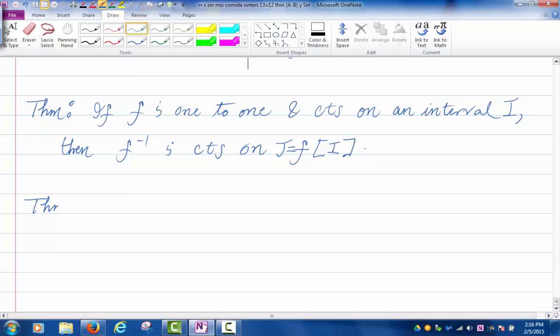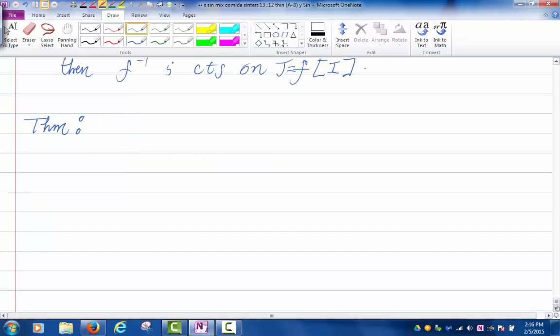Here's my theorem to find the derivative of f inverse. This is what you have to remember to do some of the homework problems. If f is 1-to-1, again I'm saying 1-to-1 again and again to say that f has an inverse.